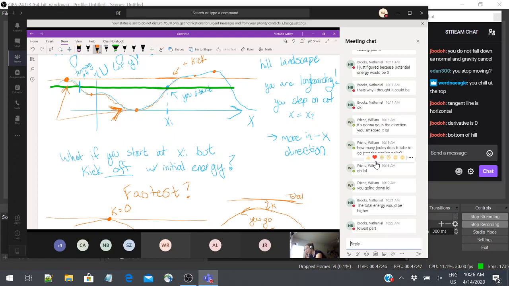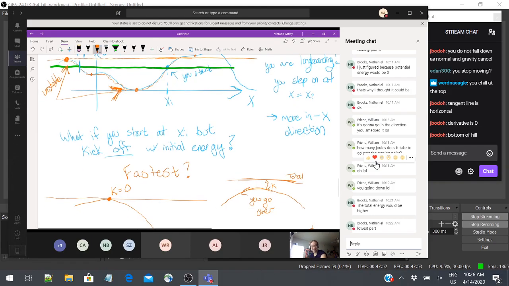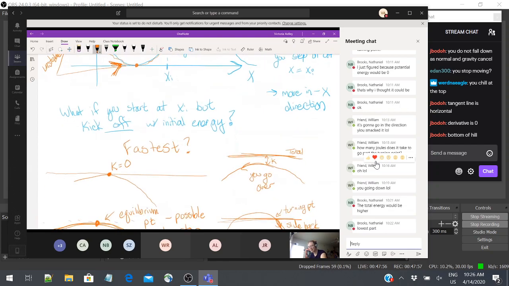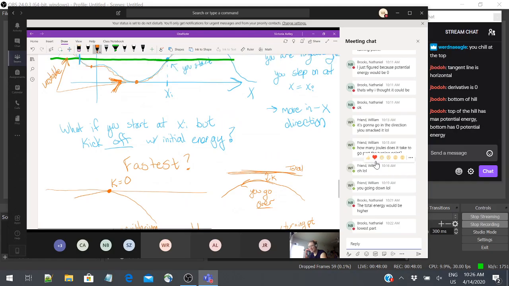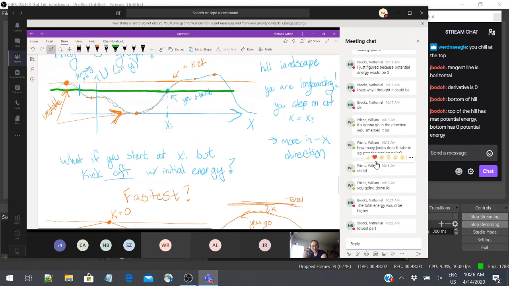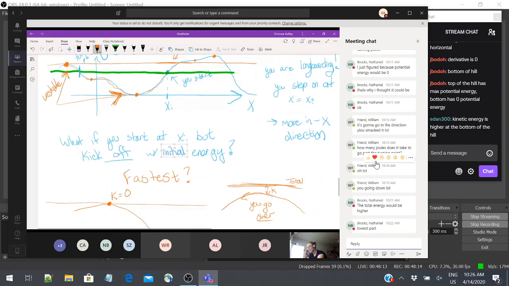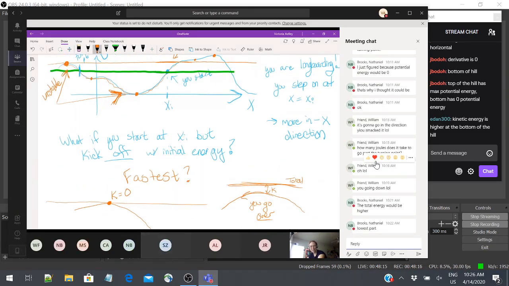So the top of the hill is what we call an unstable equilibrium point, right? If you breathe, if you sneeze and add even a tiny bit of energy, you're going to go over, right? That is an unstable equilibrium point. The bottom of the hill, if this is where your total energy is, you are just sitting on your longboard at the bottom of a hill.